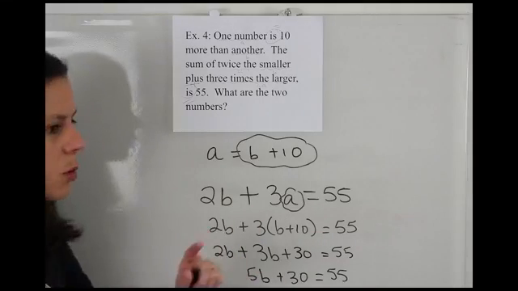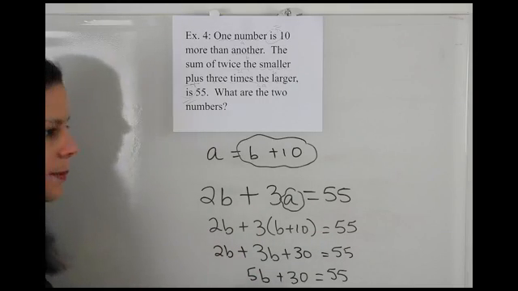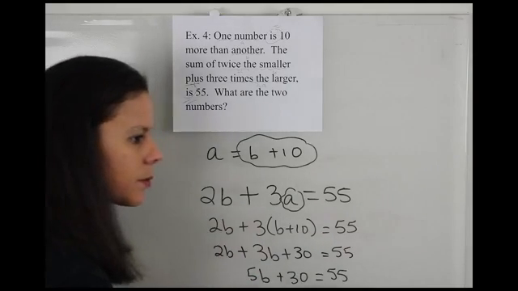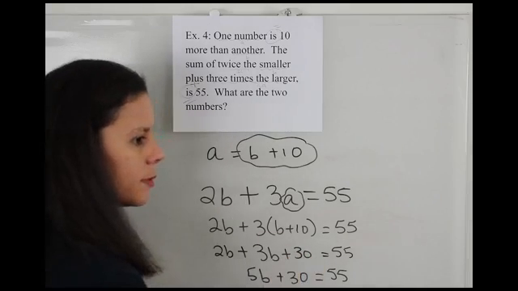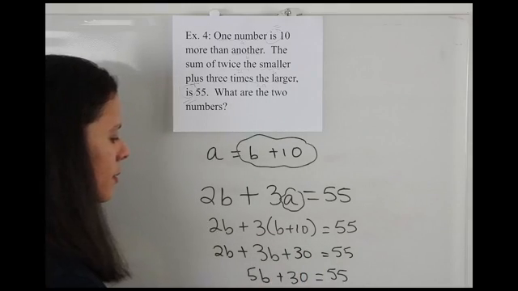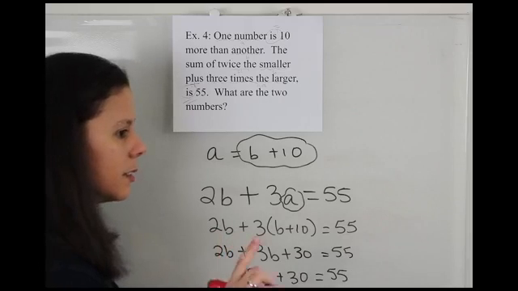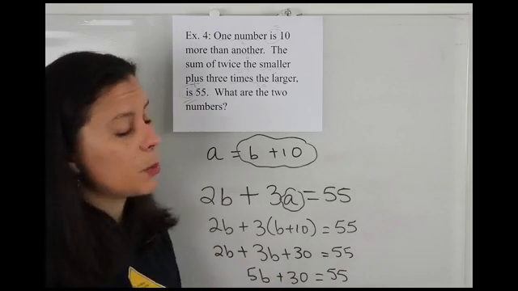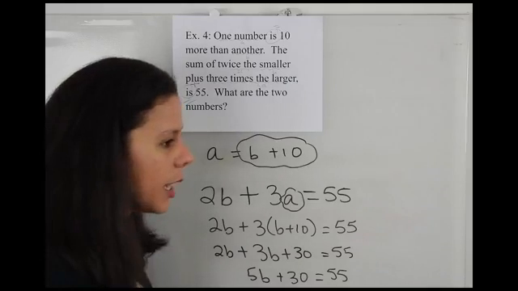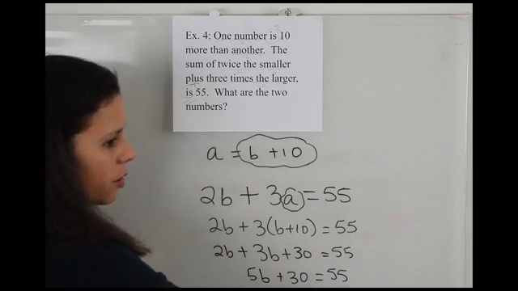All right? So what's the next logical step? Divide both sides by 5. Not yet. Because I could, since 30 is also a multiple of 5, but I'd rather just get rid of the 30 first.